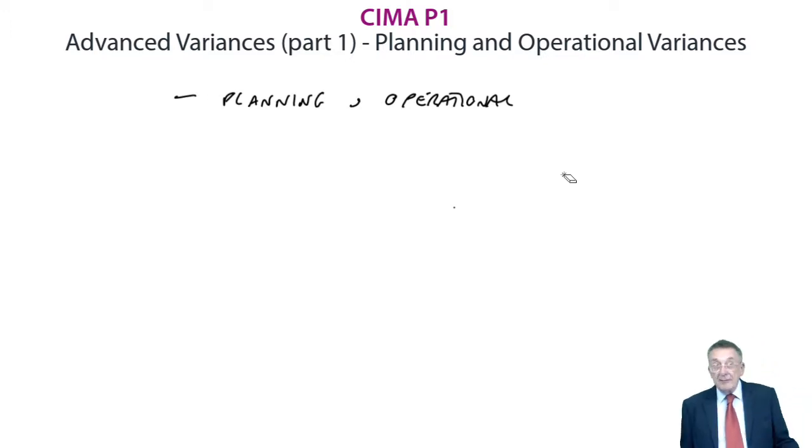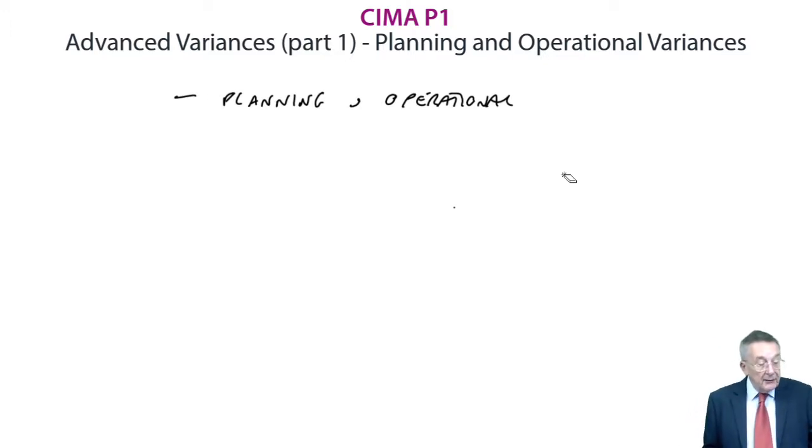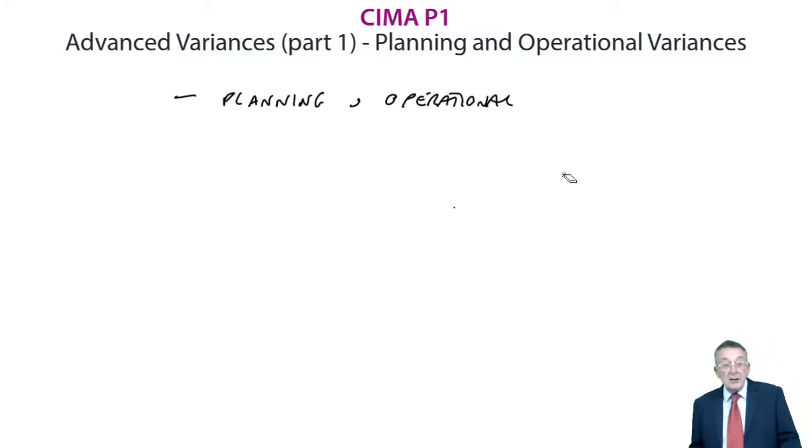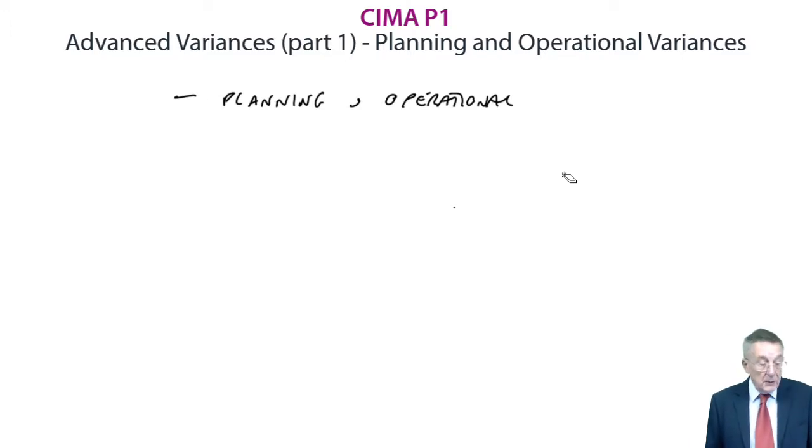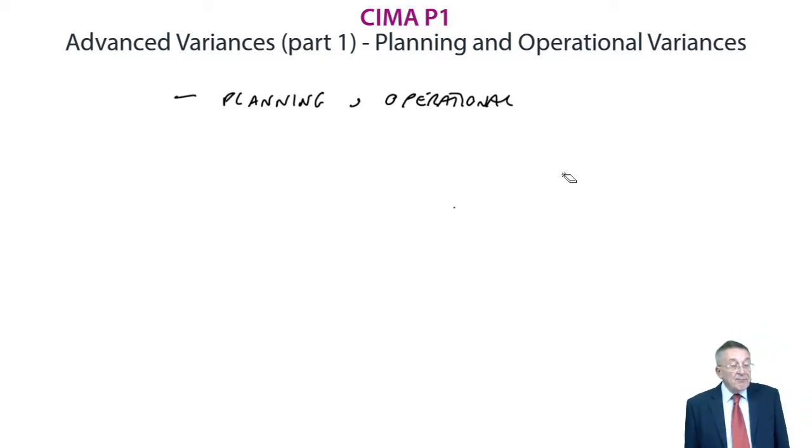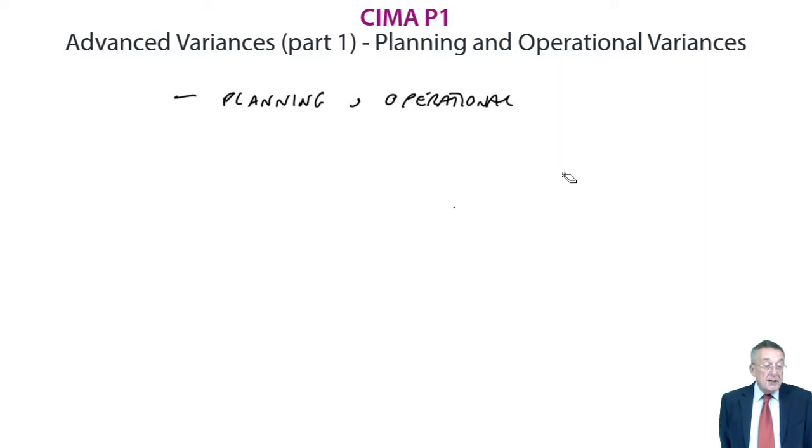So we didn't actually need all the information. If it's half an hour to produce, we thought, the original budget, we'd be paying $14 an hour. There we go, $7 a unit. And we budgeted on producing 20,000. We actually produced 22,000. We actually worked 11,400 hours. And we actually paid $15.50.